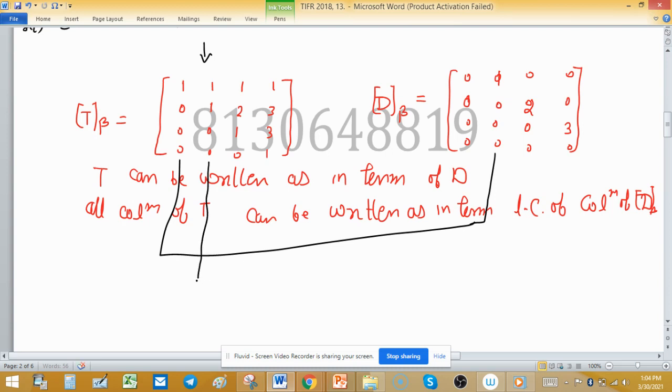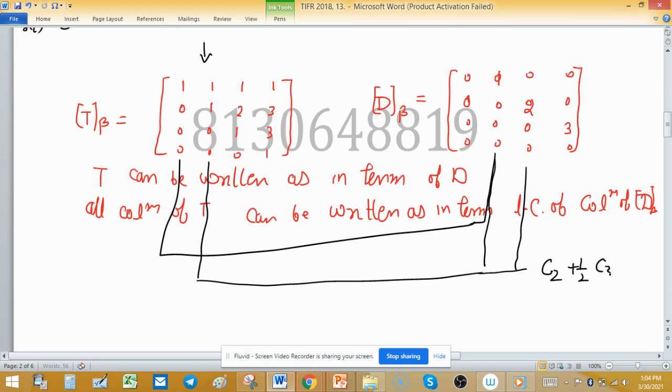This column can be written using these two columns. How? These are the columns of the operator D representation: C2 minus half, or 1 by 2, C3.